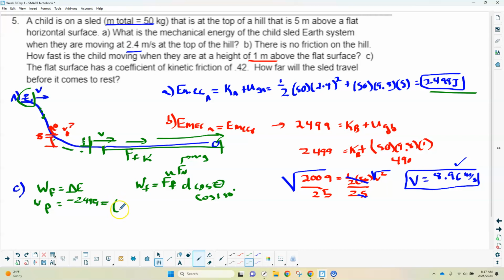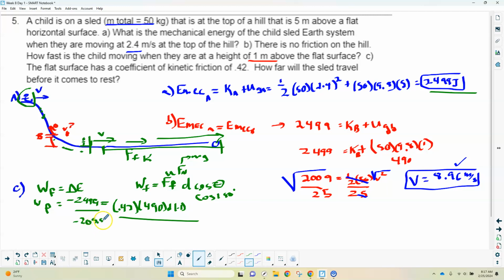So I'm going to start solving here. The coefficient they give you is 0.42. The friction force is 490, or 50 times 9.8. d is what I'm looking for, and then there's a -1 term here. So again, we have everything except the value we want, so we're going to divide by this 0.42 times 490 times -1, which is -205.8.